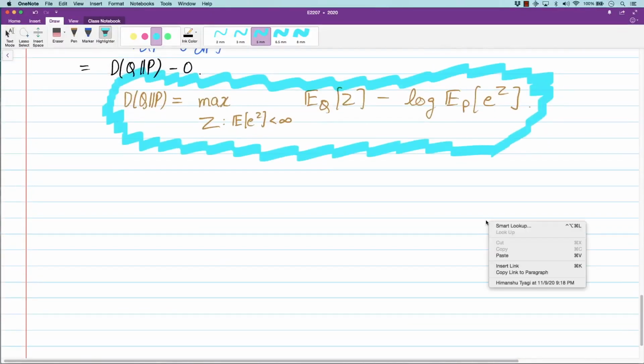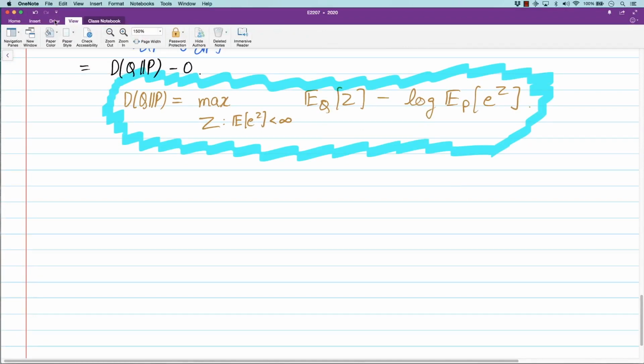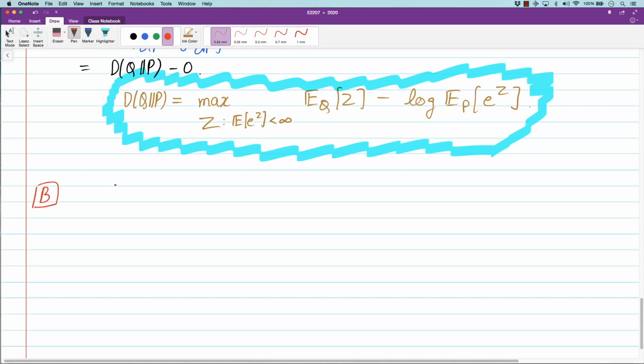Now, moving to the next part of this lecture, we will present another slightly different variational formula, again for KL divergence, and this one uses something called Bregman divergence.